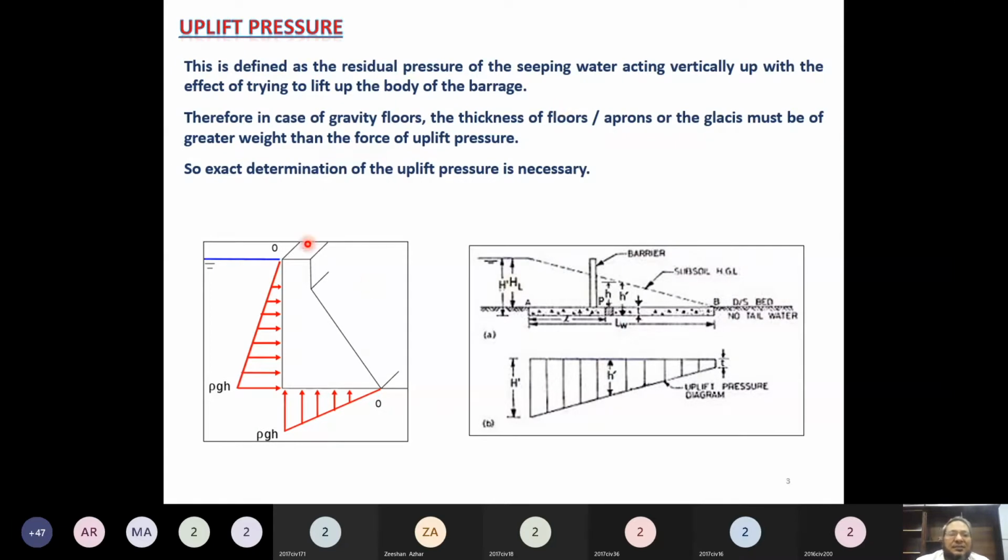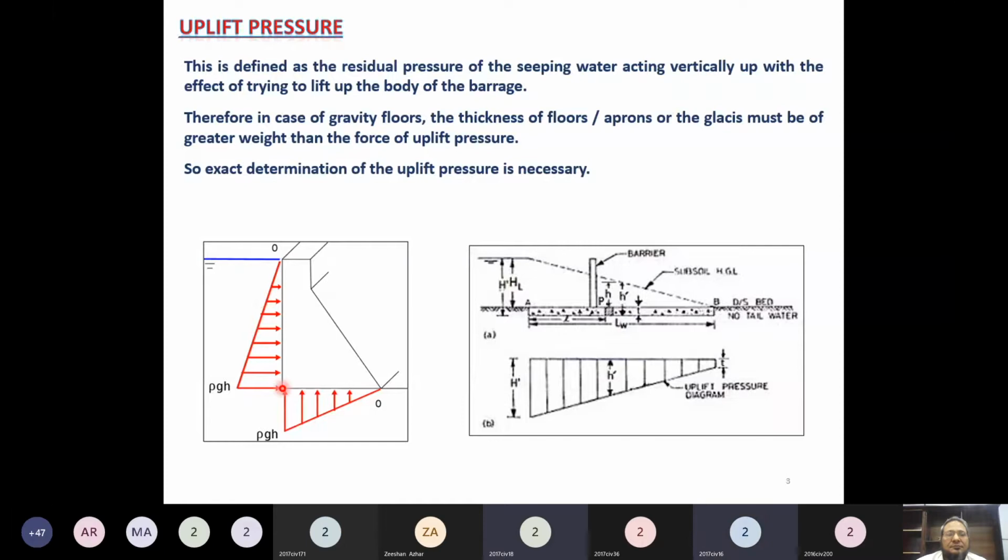For example, this is a dam structure. Suppose this dam is provided on a porous medium, which is usually not the case. What is this diagram, by the way, which is in red?